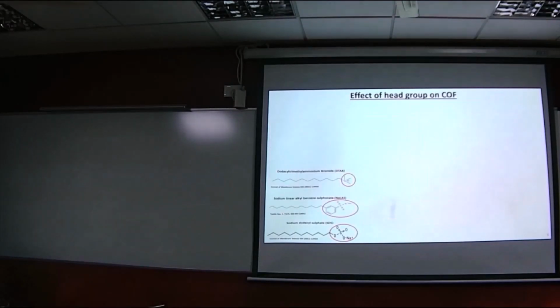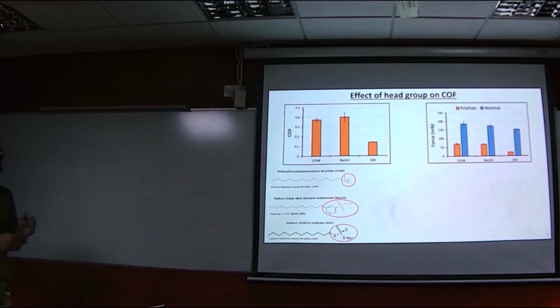So we wanted to take a look at it in a more simplistic way. We chose three surfactants having the same tail group but different head groups, and we measured the coefficient of friction. As you can see from the right graph, for comparable normal loads, we did get a spread between the three different surfactant solutions. However, the interesting thing about these results comes out only if we look at the molecular structure of the surfactant molecule.